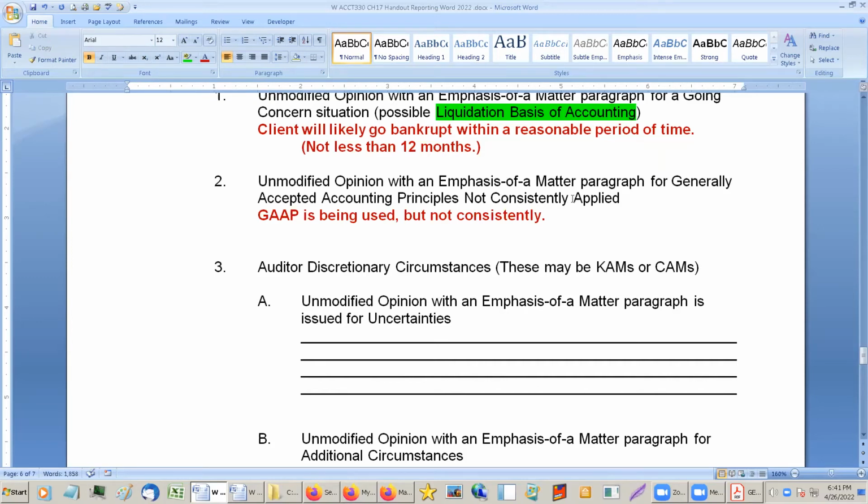So an example: new accounting rules being followed by the client.